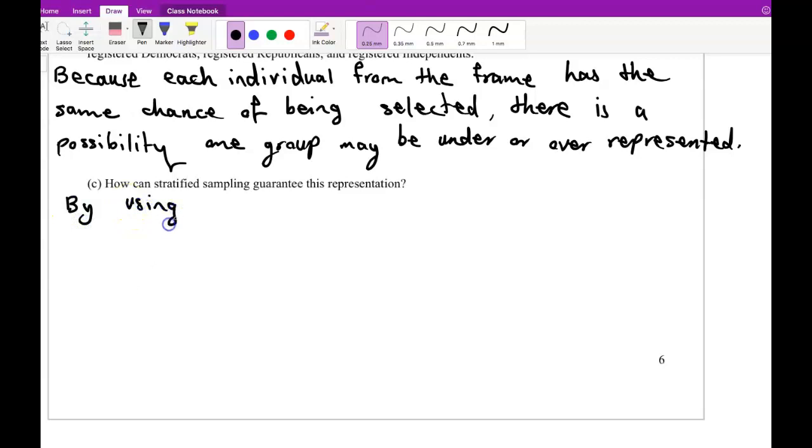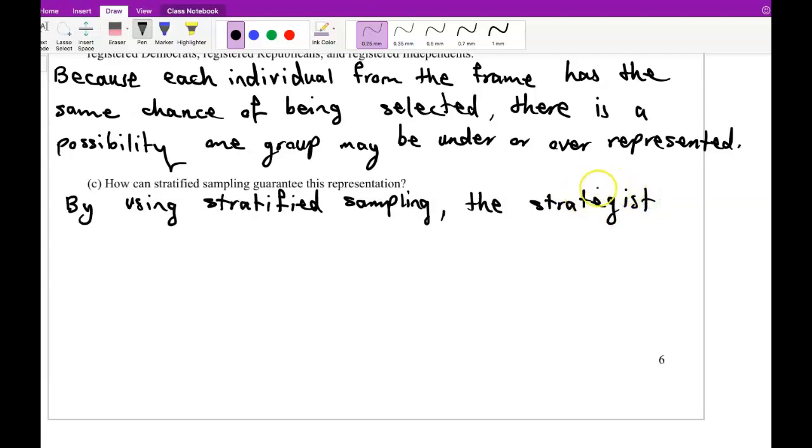By using stratified sampling, the strategist can obtain a simple random sample within each political party.